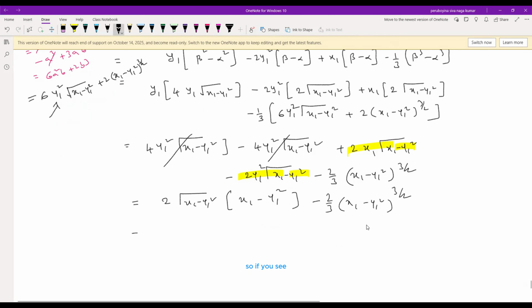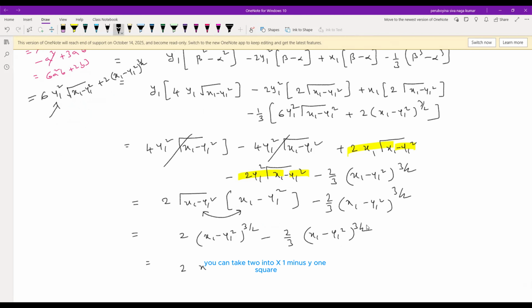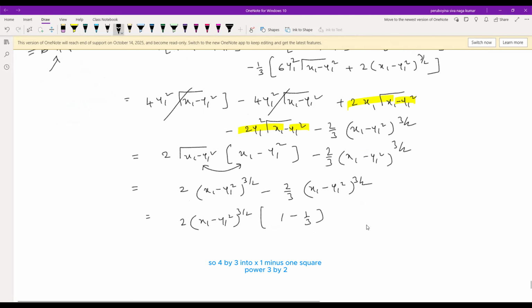If you multiply these two together, you get x1 minus y1 square power 3 by 2 minus 2 by 3 of x1 minus y1 square power 3 by 2. So you can take 2 into x1 minus y1 square power 3 by 2 as a common factor, 1 minus 1 by 3, which is 2 by 3, so 4 by 3 into x1 minus y1 square power 3 by 2.